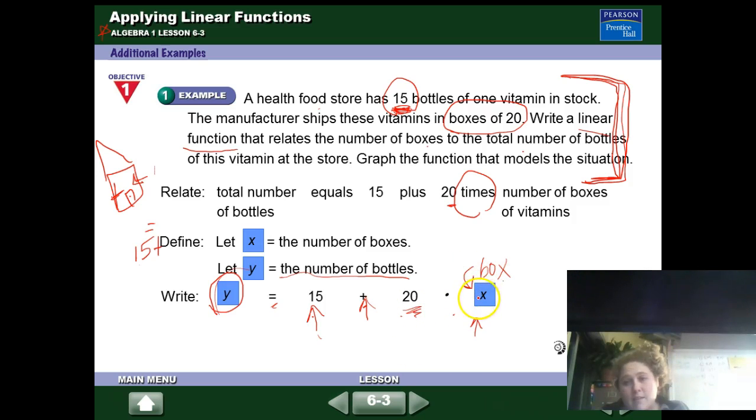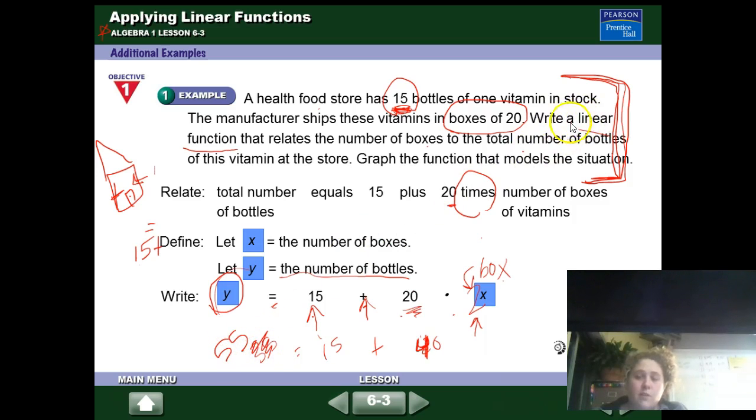So if I had one box, I'd have 20 bottles plus the 15 on my shelf. So in one box, 20 times 1 is 20, plus my 15, I would have 35 bottles of this vitamin in my store. Now if I had two boxes, X would be 2, and 20 times 2 would give me 40, plus 15, and I would have 55 bottles in my store.